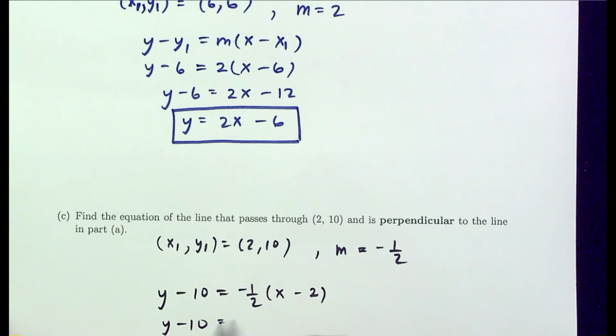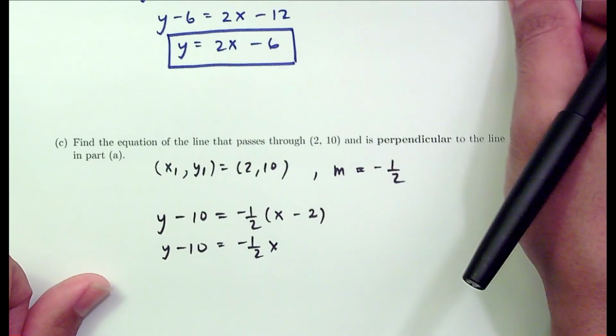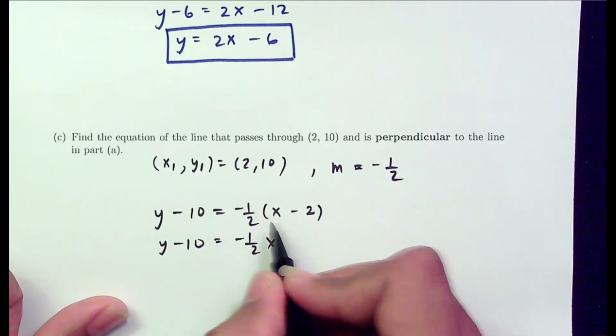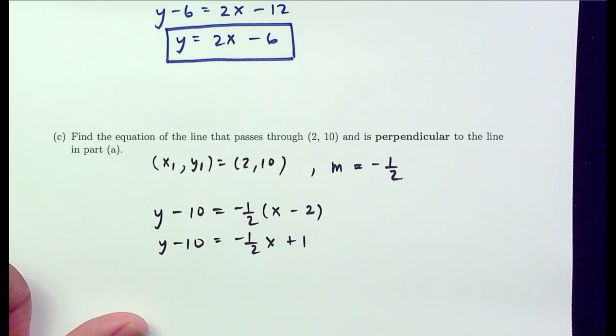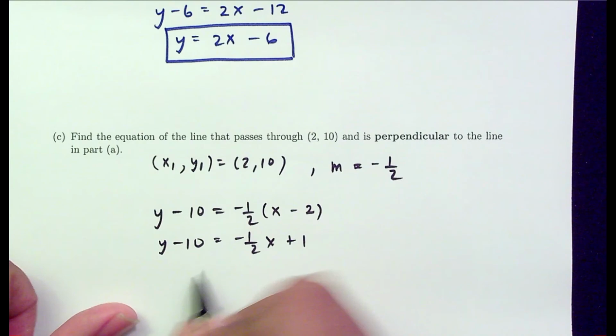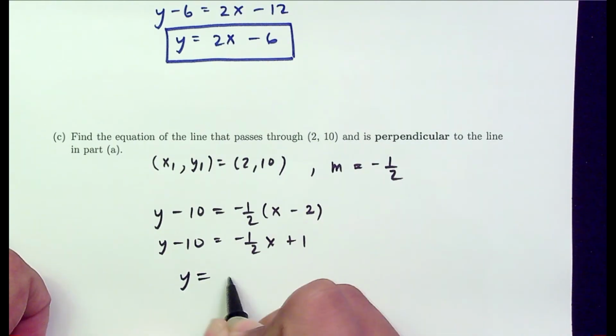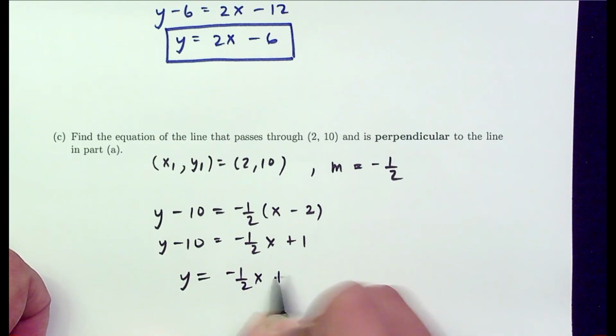Now simplify, so this is negative a half x. Distributing here, you get plus 1, because negative times negative is positive, and a half times 2 is positive 1. Now move the 10 over, and you're going to get y equals negative a half x plus 11.